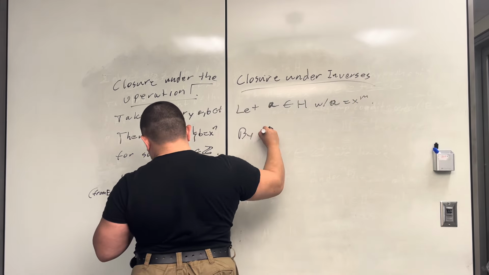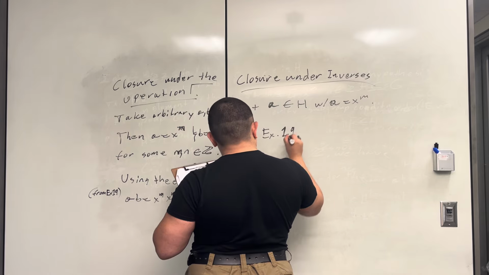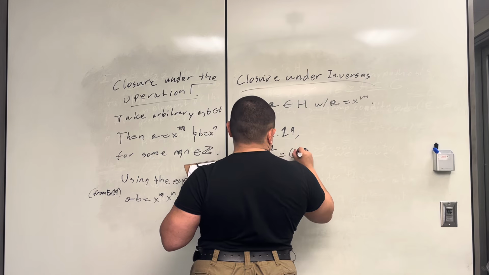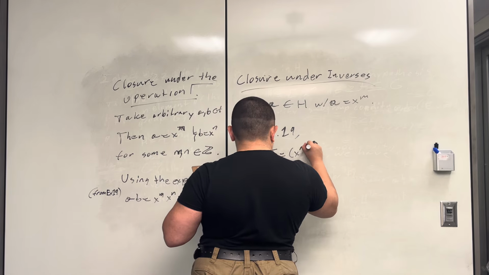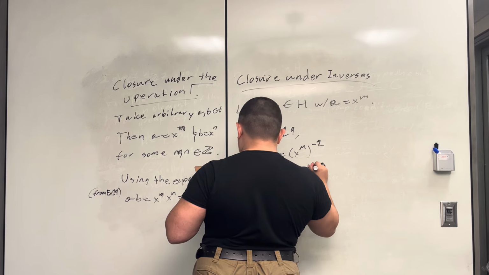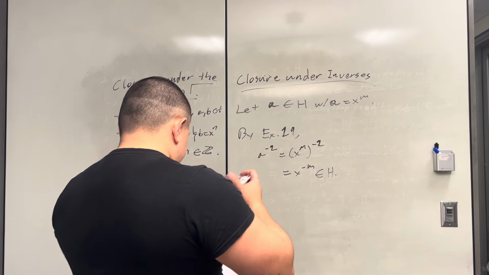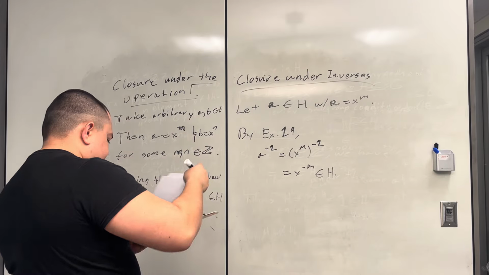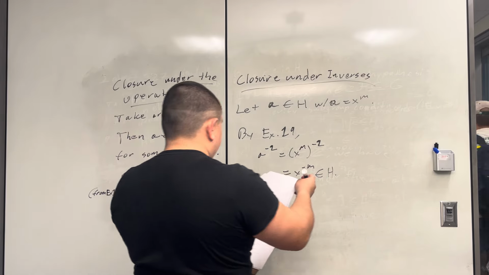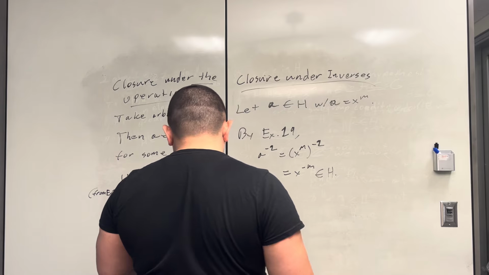By exercise 19, we showed that a to the negative 1, which is equal to open parentheses x to the m, close parentheses to the negative 1, is equal to x to the negative m, which is within H. Yeah, that was literally the second part of exercise 19, so it refers to that.